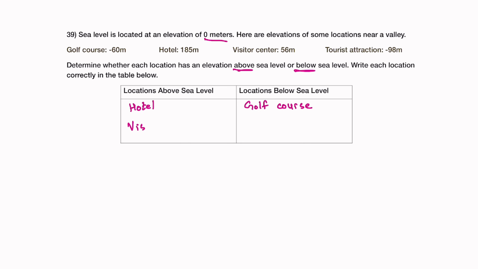So visitor center. And last one, tourist attraction minus 98. So below, tourist attraction. And it's done. So you just had to put them in the right box.